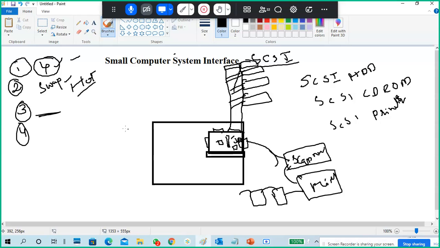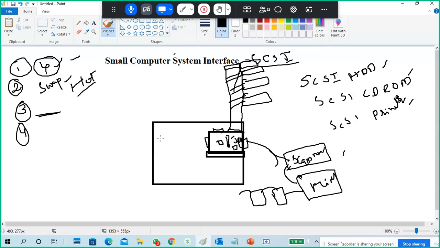Next, the number of types of devices you can connect, like hard disk, CD-ROM, printers, scanners. Next, it is hot swappable. You can connect or disconnect a device without shutting down the PC or a server.